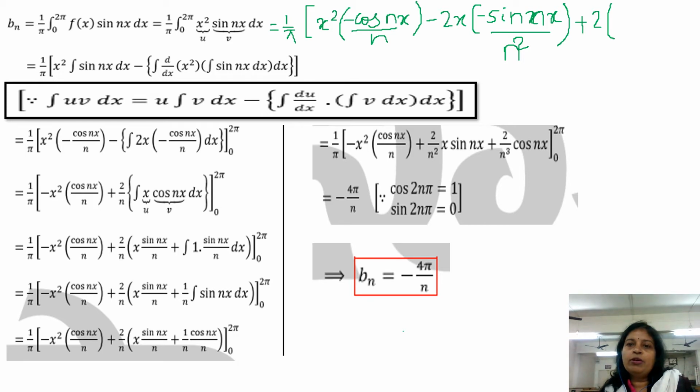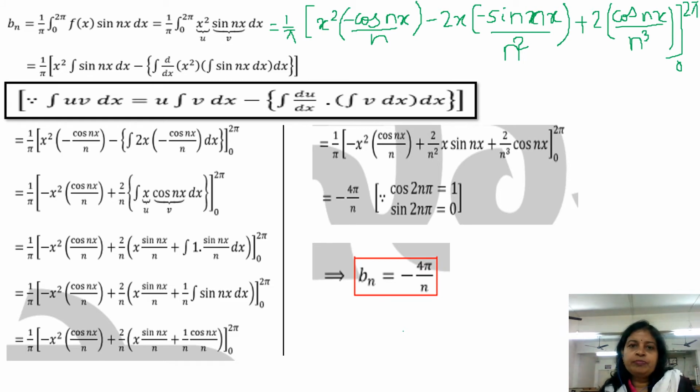So this will become cos nx upon n cube, because we have done integration three times, and now we will close the square bracket and see the 0 to 2 pi limit. The lower limit is 0, the upper limit is 2 pi.